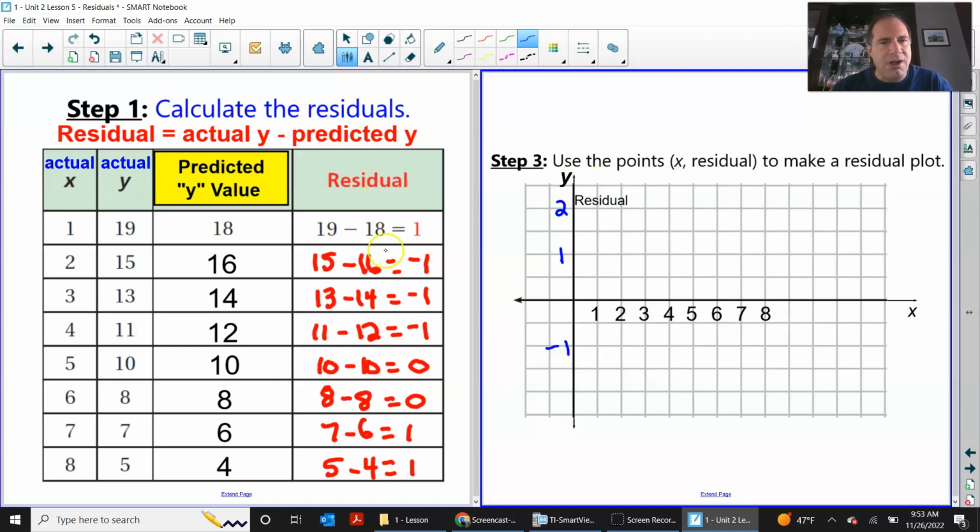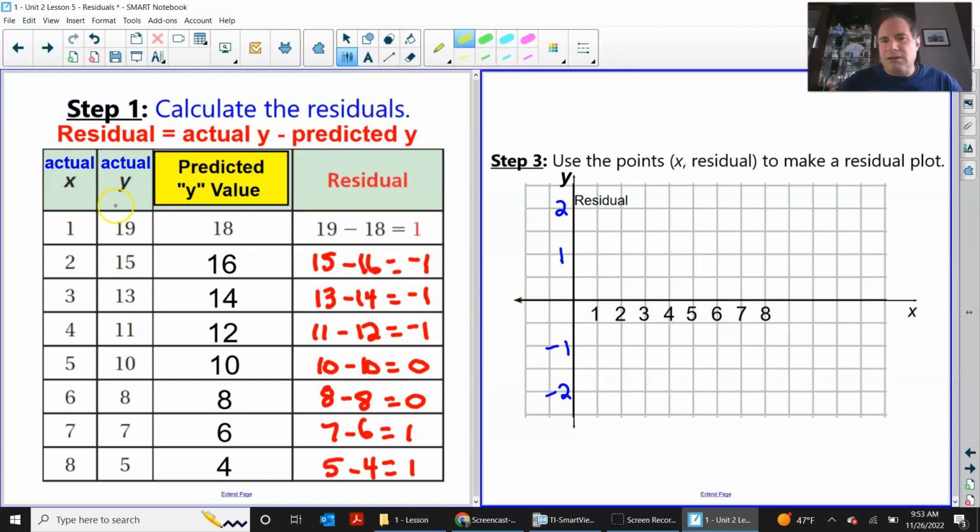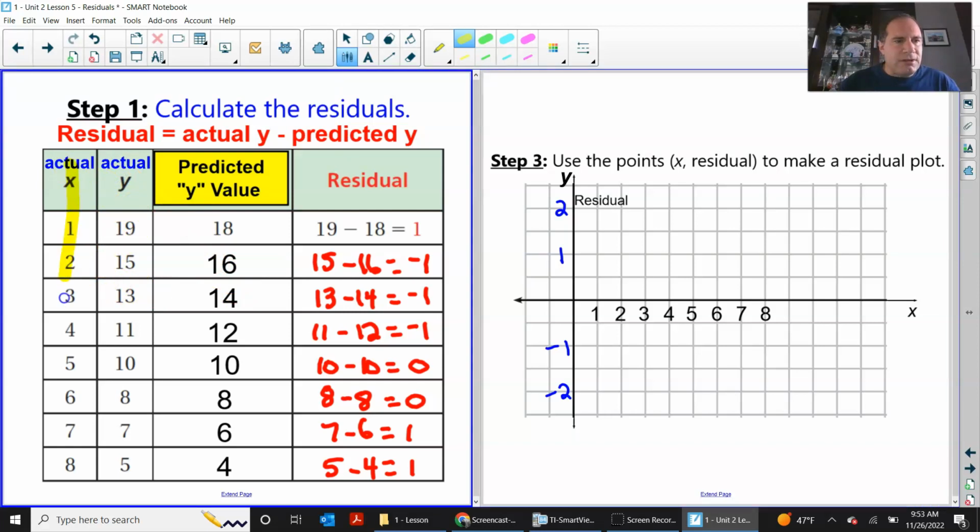My residuals are the Y, right? So I'm not even using -2. That's why I'm not going down to -2. I don't have a residual that's less than -1 or greater than +1. So remember, and I did this on the page before, the actual X is really what you're looking for here.